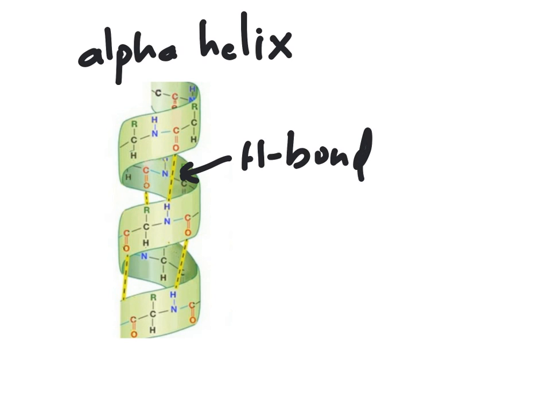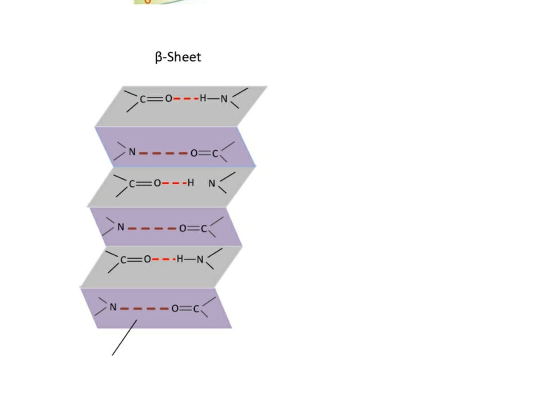So the example for alpha helix is keratin, which is in your hair. And this is the next type, which is called beta pleated sheet. Here you can see there are bendings, and in between we have hydrogen bonds also, right? It's like you have opened up a series of books and kept them, right?